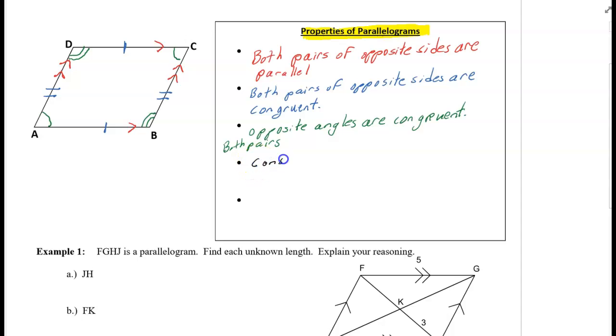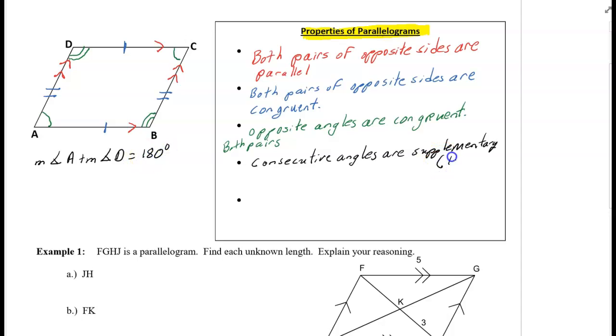consecutive angles are supplementary. And I'm going to write that down here. For instance, the measure of angle A plus the measure of angle D is 180 degrees.